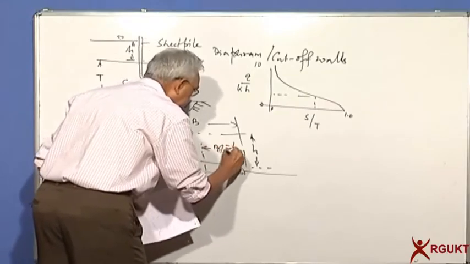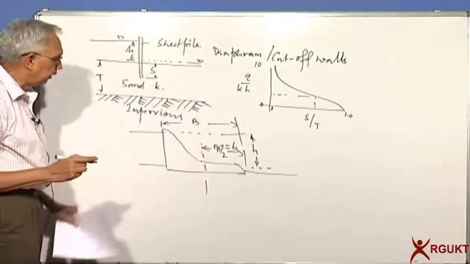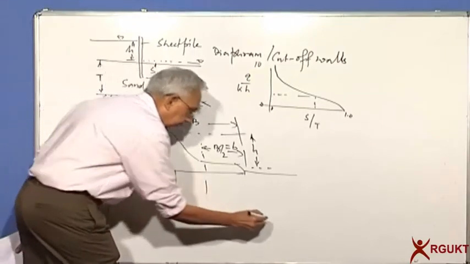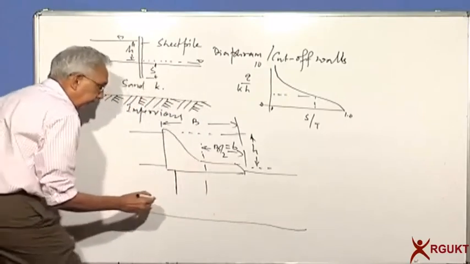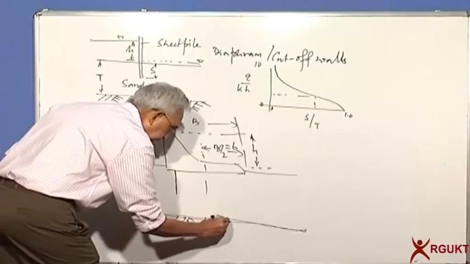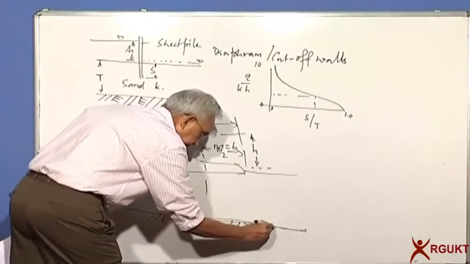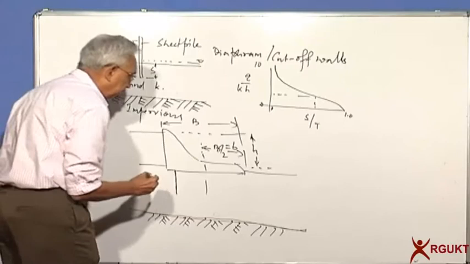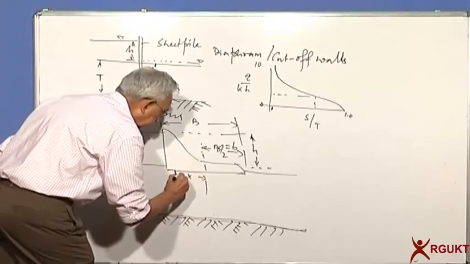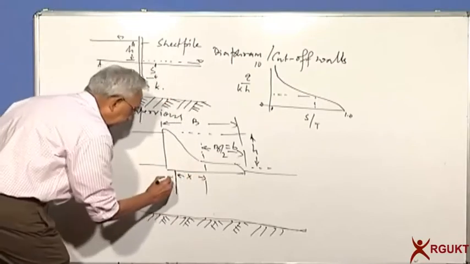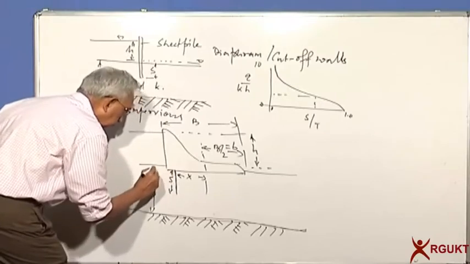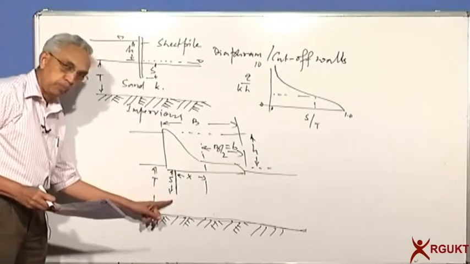Let's say you call it small b, and you want to put a cutoff now below the Anicut or the barrage, and again this is the bottom of the sand stratum, which is resting on an impervious bed. Now we would like to know which is the best place to keep this from the center, and this depth is S and this is T.